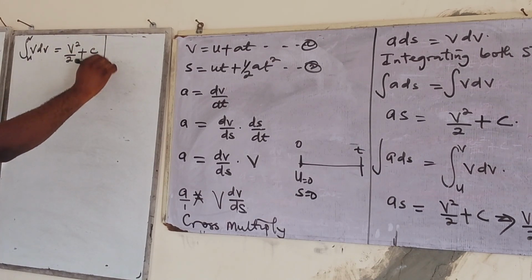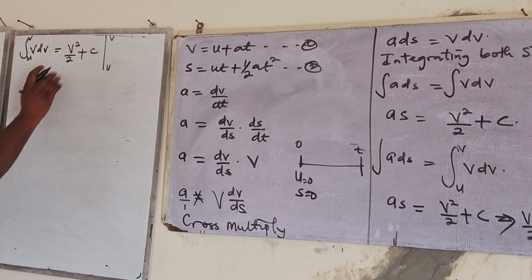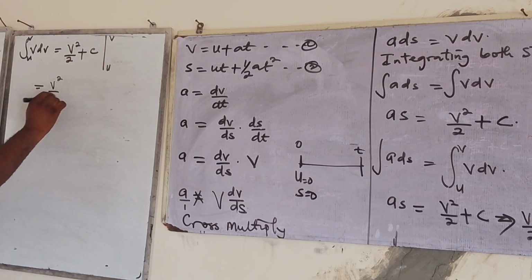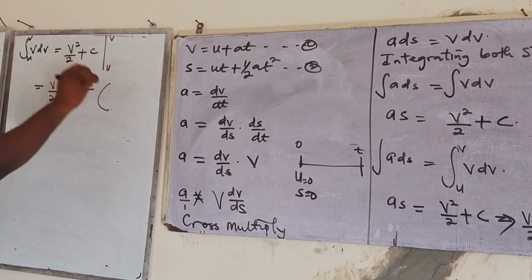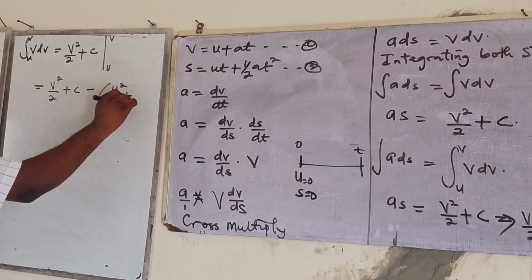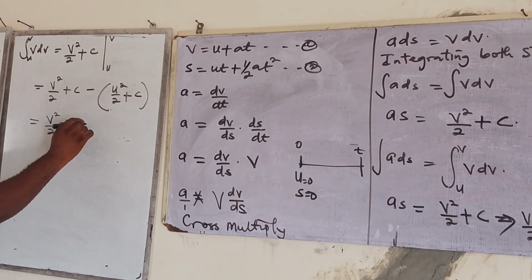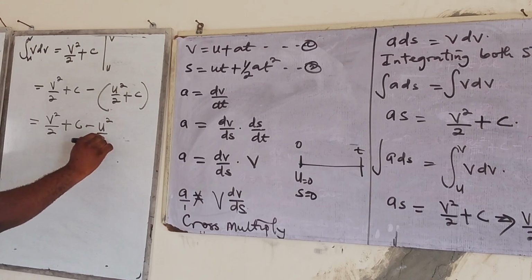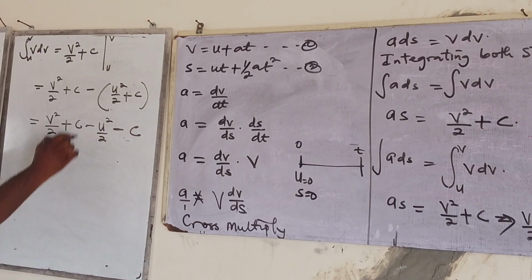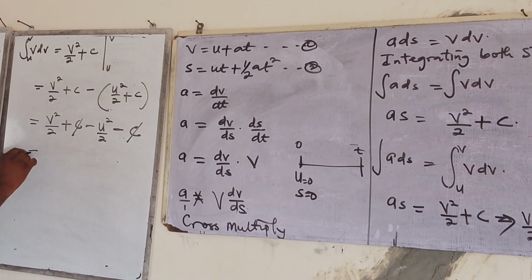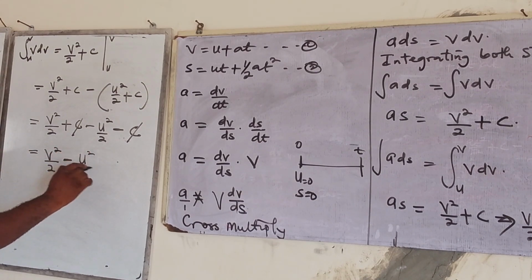Putting v here, we have v squared all over 2 plus c, then minus u squared all over 2 plus c. This c will go with this c, so you'll be left with v squared all over 2 minus u squared all over 2.